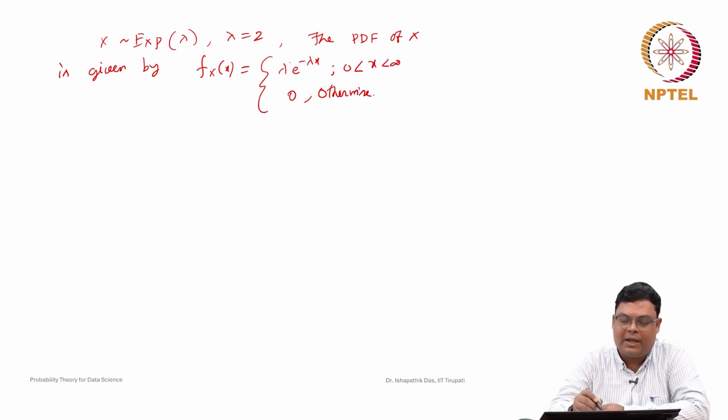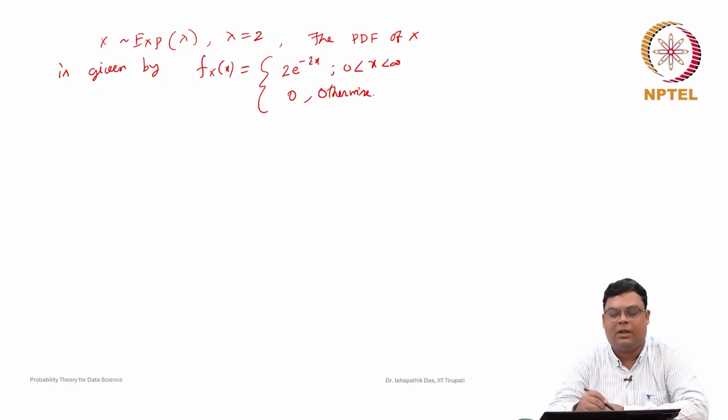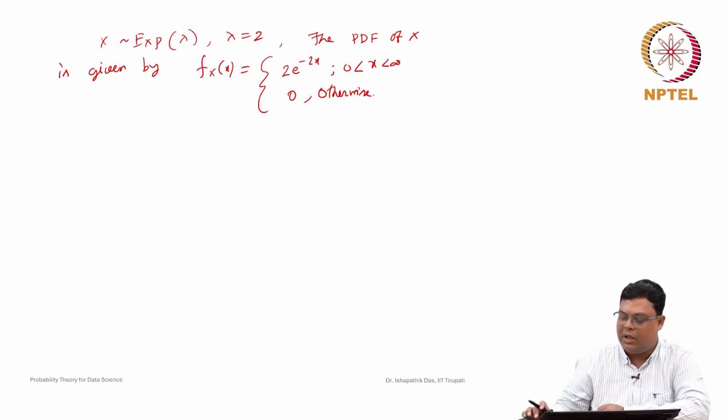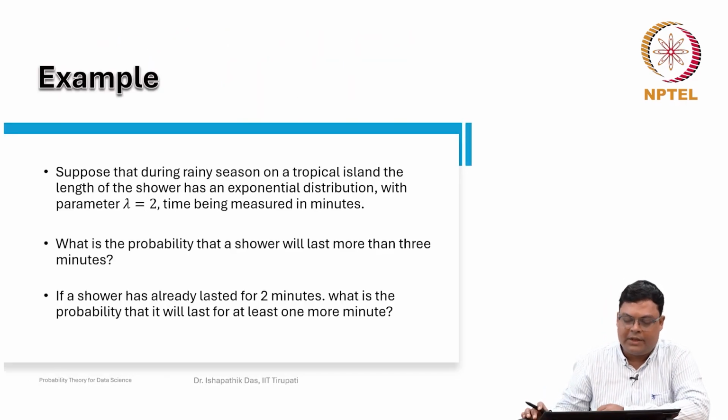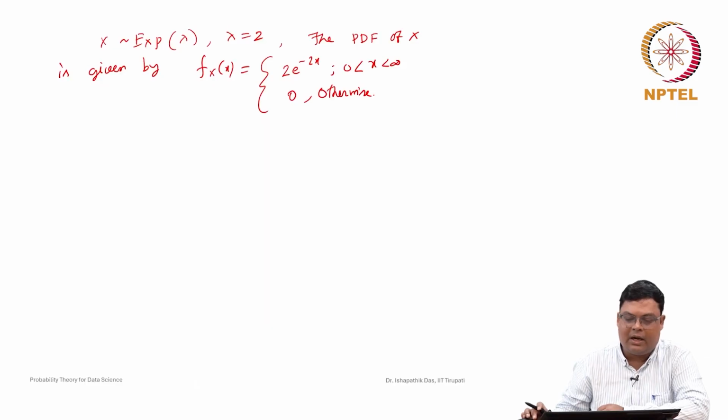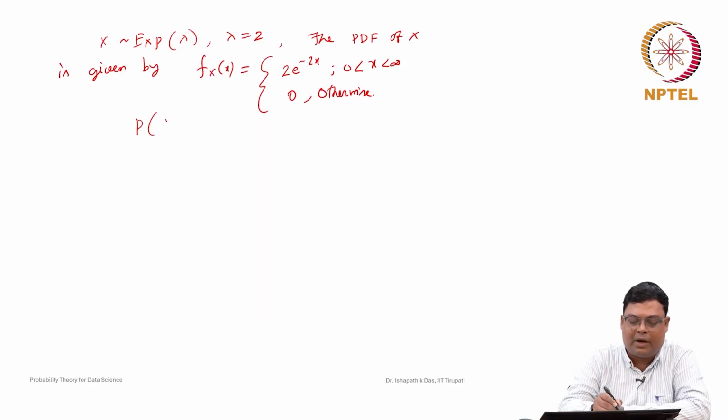Here lambda is equal to 2, so we can replace that value: this is 2 e to the power of minus 2x whenever 0 is less than x less than infinity, 0 otherwise. What is the probability that the shower will last more than 3 minutes? We have to find the probability that X is greater than 3.